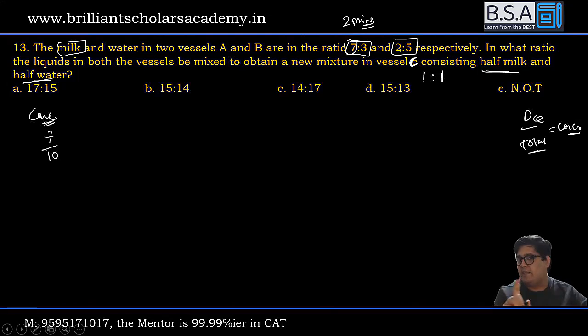Total should be in the denominator, make sure. What is milk here? Milk is 2, out of total 7. 2 milk, 5 water. So milk is 2/7 concentration. Milk is 1, water is also 1. So milk is 1/2.